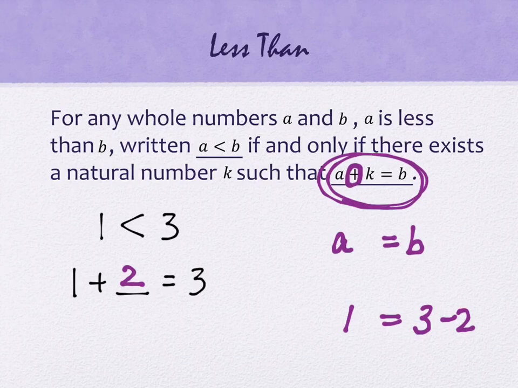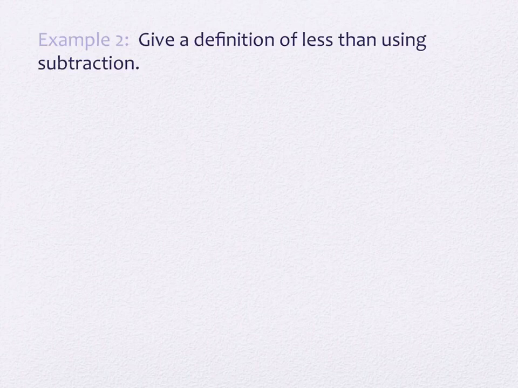So again, instead of adding something to A, I could subtract something, in particular K, from B, and it would be equal. So the definition I'm about to create is going to have almost all the same words, but this part at the very end is going to have a different looking equation. So it looks something like this.